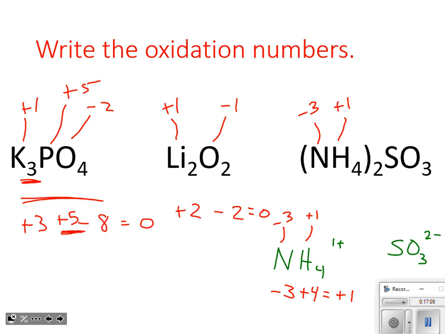No, it is not. So that oxygen's going to be -2. So -6. So all got to equal -2. So that tells me that that sulfur's got to be +4. So that's the way I would do that one. I would break those both into the polyatomic ions and do them as ions.